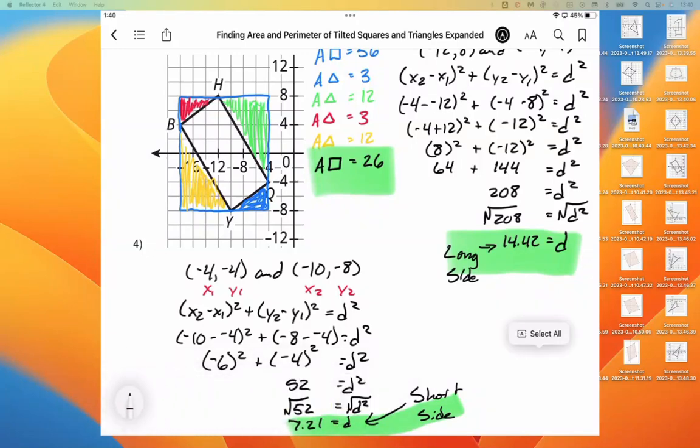So we need 2 short sides and 2 long sides for the perimeter, so 14.42, 14.42, 7.21, 7.21.